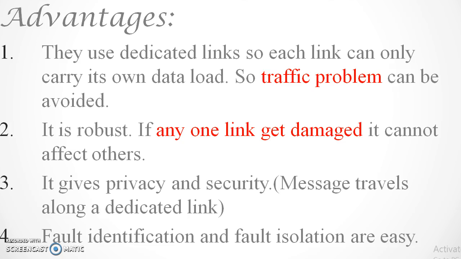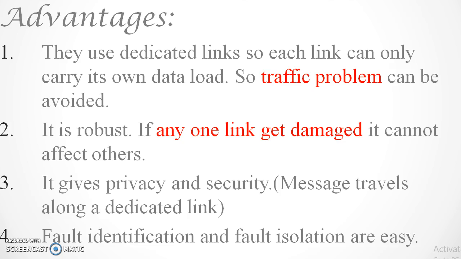Another advantage is that it is robust. That means if any one link gets damaged, it cannot affect others. Each pair of nodes has its own link. So if any one node breaks, or if there is any damage to any one node in the mesh, that won't affect other nodes.